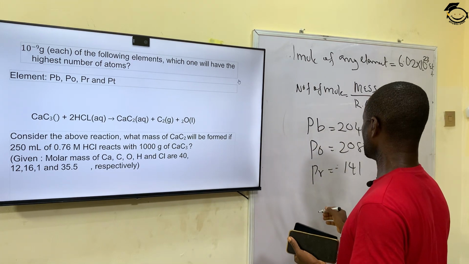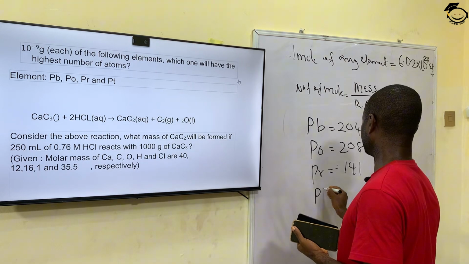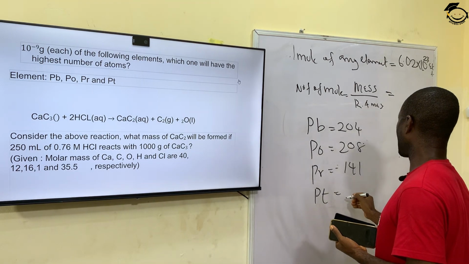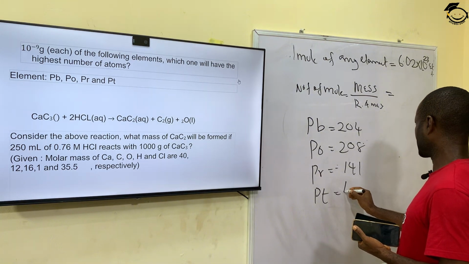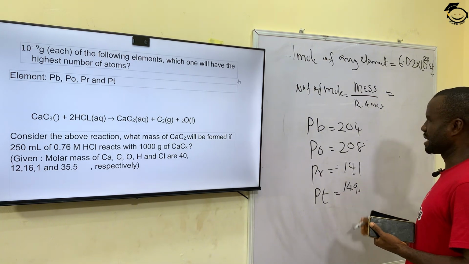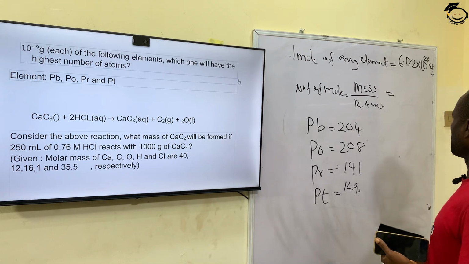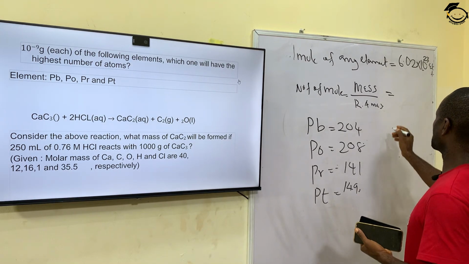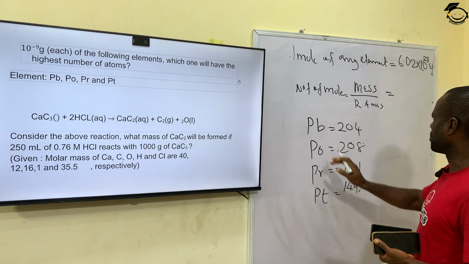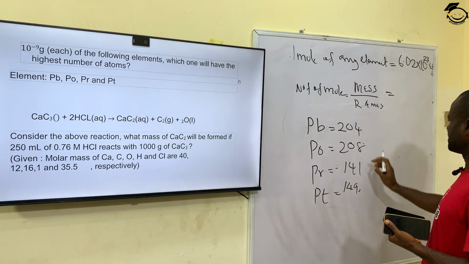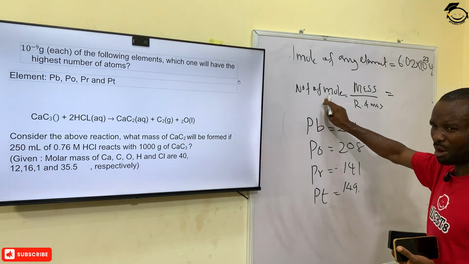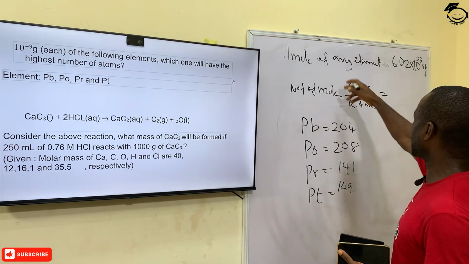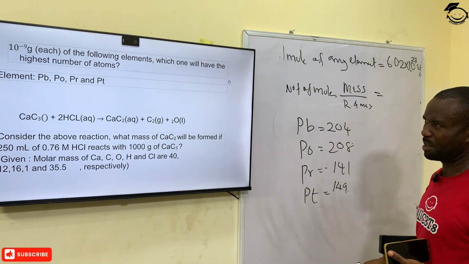This will be given to you. Then we have platinum, which should be 148 thereabout, I'm not sure, please let somebody confirm. It tells you that the atom with the smallest value of relative atomic mass will have the highest number of moles. And the number of moles determines the number of atoms present.